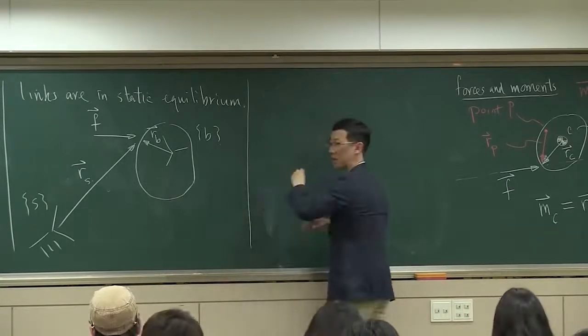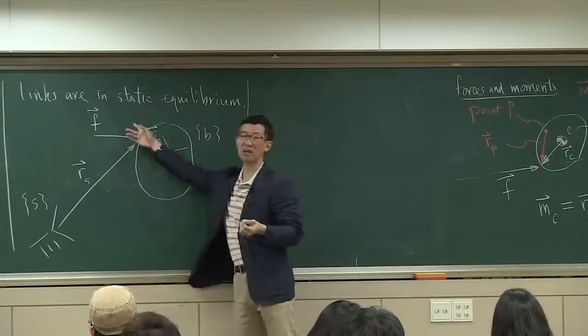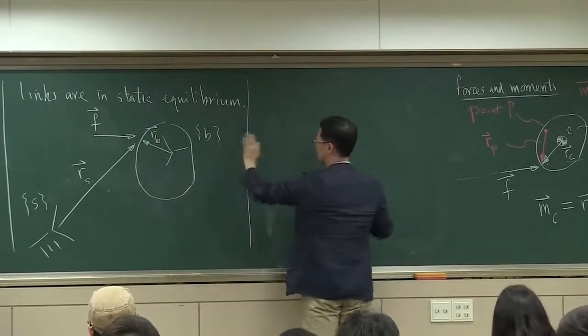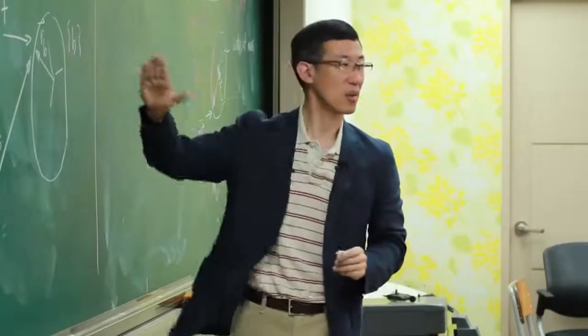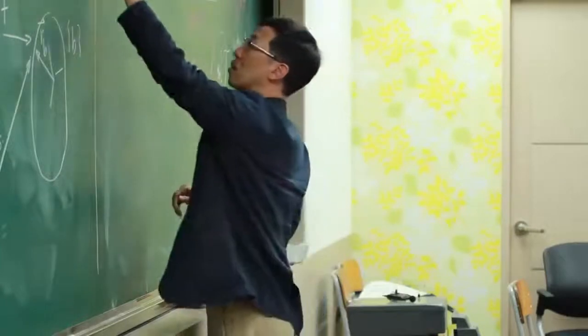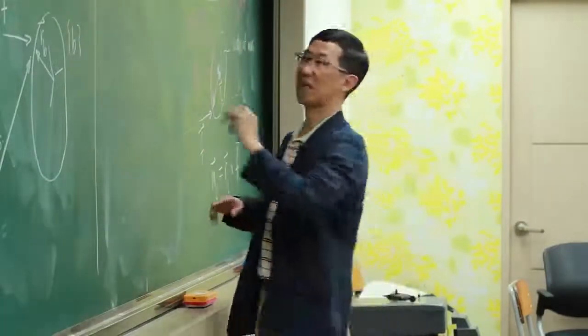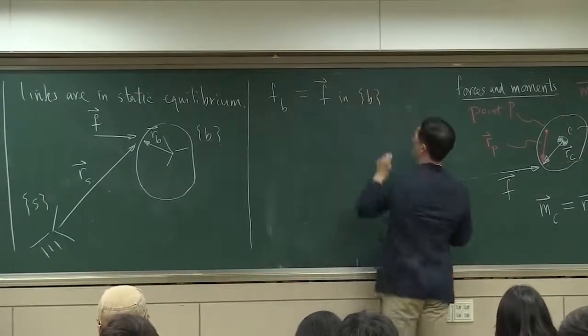So we want to write sum of the forces equals 0. So let's just consider a single force. All right, sum of the forces equals 0 and sum of the moments equals 0. So eventually we want to get there. So we could say F sub B is just the force F in B frame coordinates.